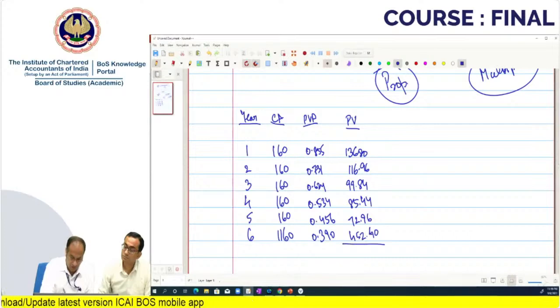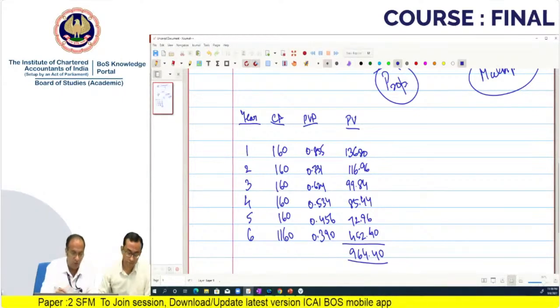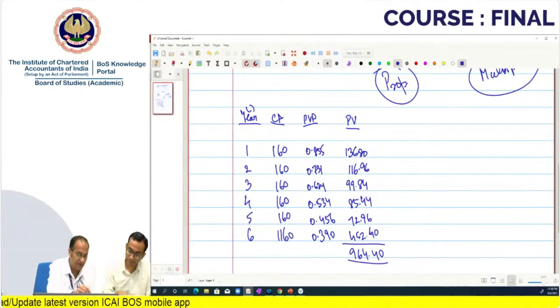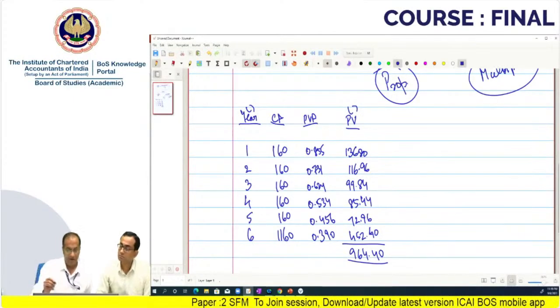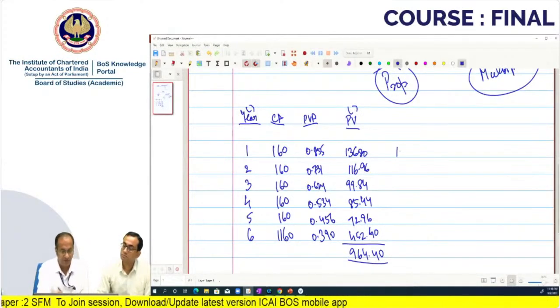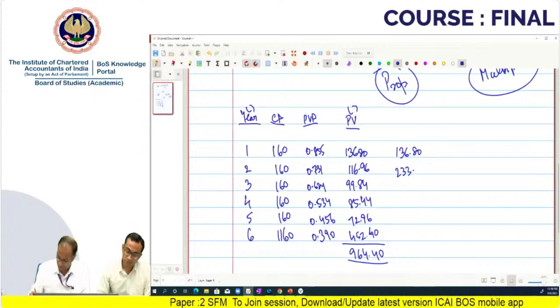The total comes to 964.40. Now student, what I do, I multiply both figures here. So my figure comes to 136.8. This one, you will not get this value there.